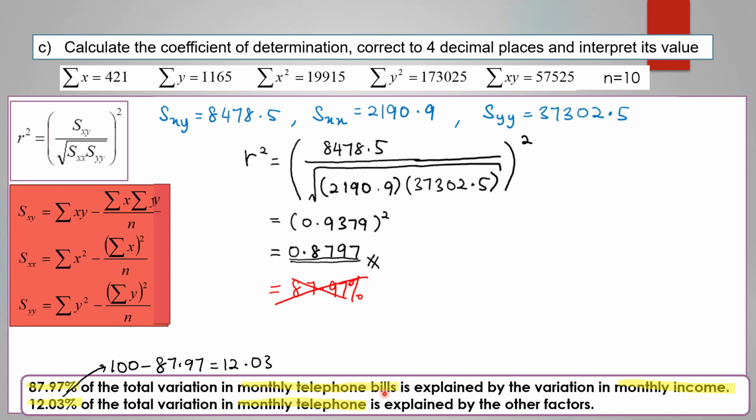"Monthly telephone bills" represents the Y variable, so here you should write your Y variable. "Is explained by the variation in" also remains the same in any interpretation of R squared. "Monthly income" refers to the variable X.